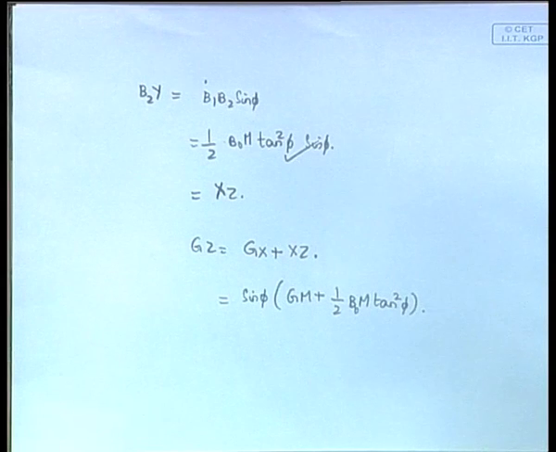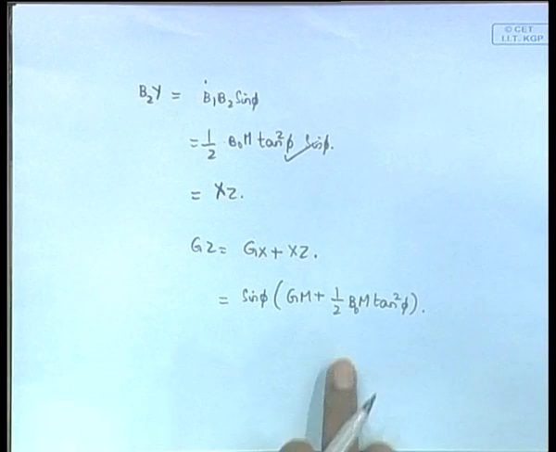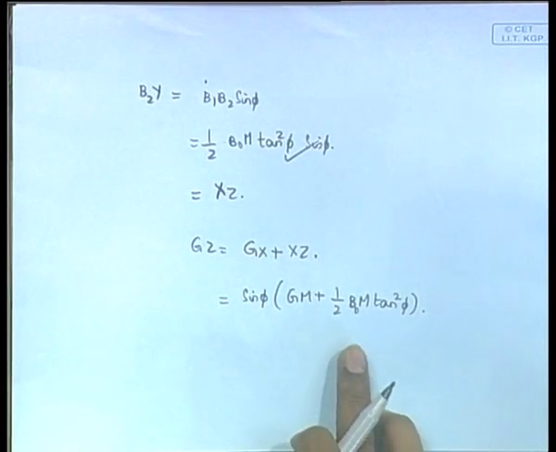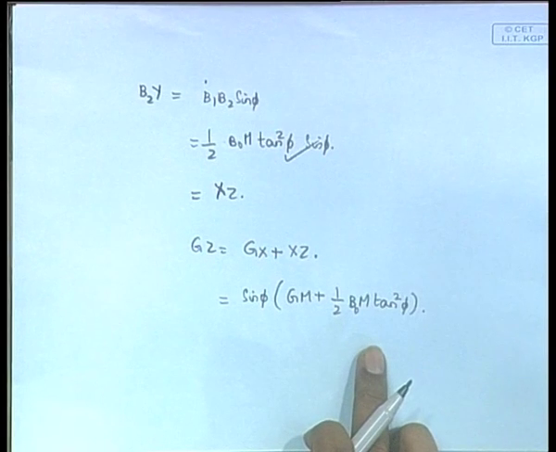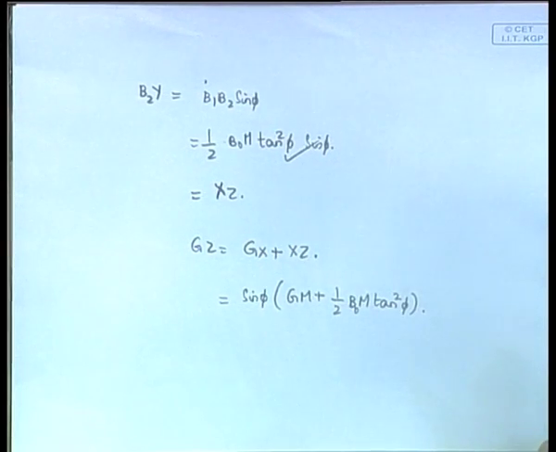Now, note our earlier derivation said that Gz is equal to Gm sin phi, which now becomes sin phi into a little more. If you do the calculation, you will see that these extra terms are very small. B0M itself is a small quantity, multiplied by tan square phi, and we usually have phi very small, so tan square phi is very small.